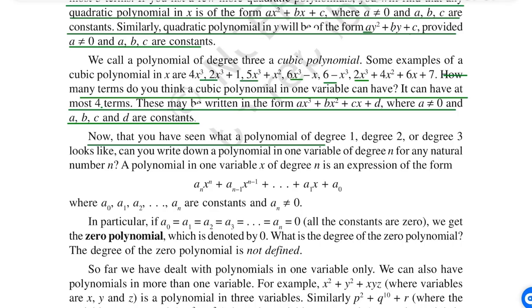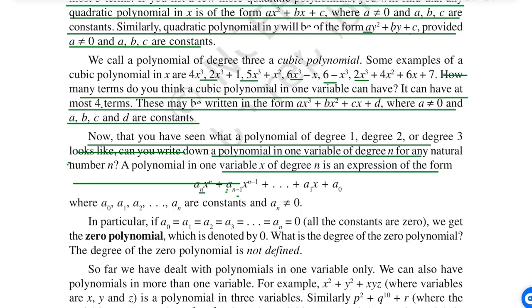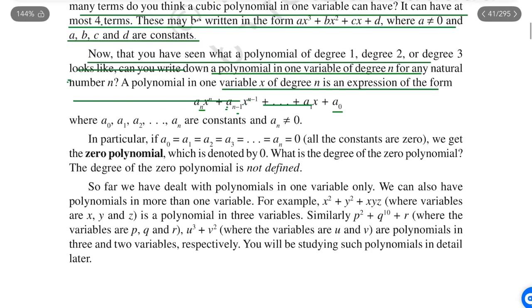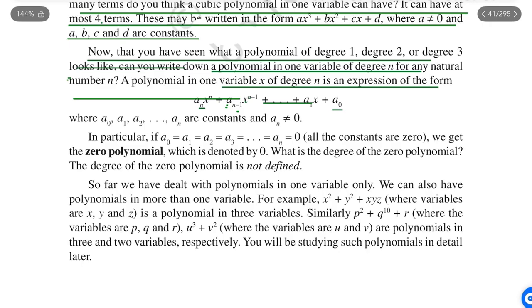Now that you have seen what a polynomial of degree 1, degree 2, degree 3 looks like, can you write down a polynomial in one variable of degree n for any natural number n? A polynomial in one variable x of degree n is an expression of the form a_n x^n + a_(n-1) x^(n-1) + ... + a_1 x + a_0, where these are constants and a_n is not equal to 0.